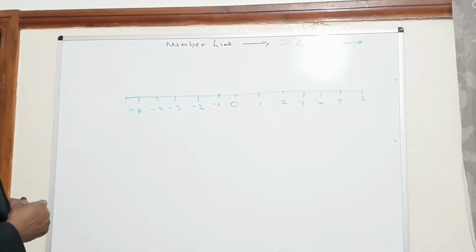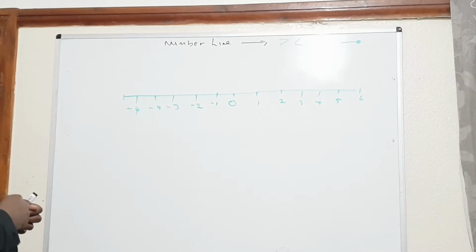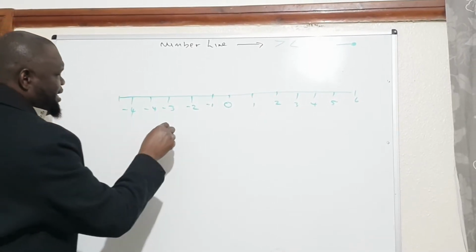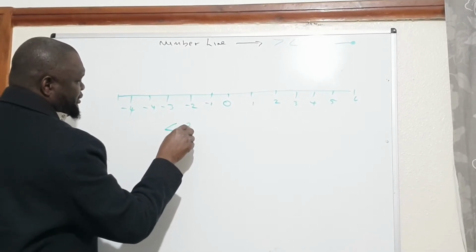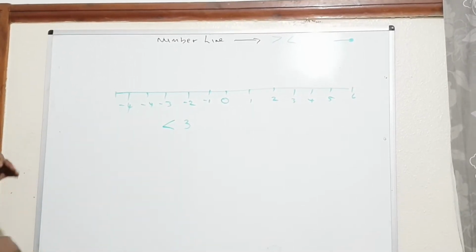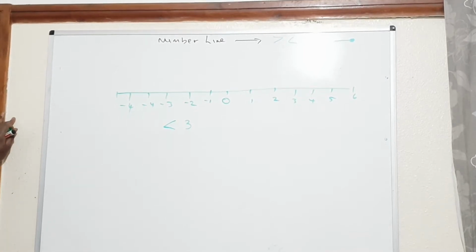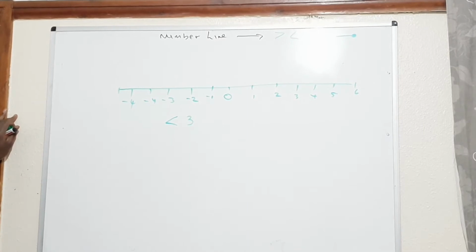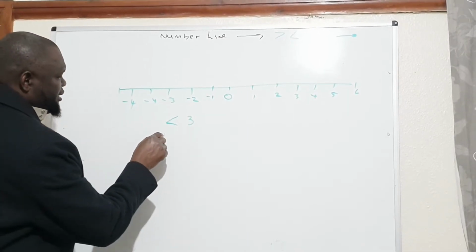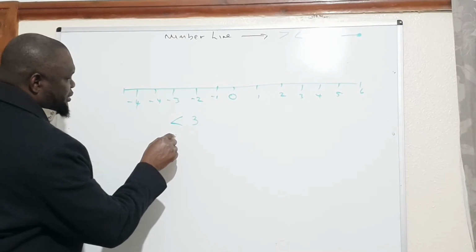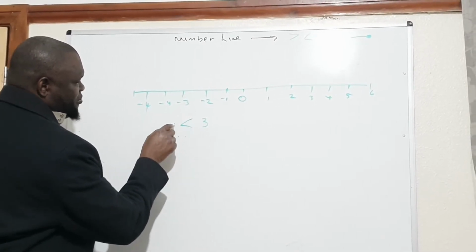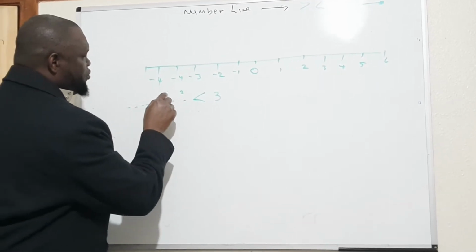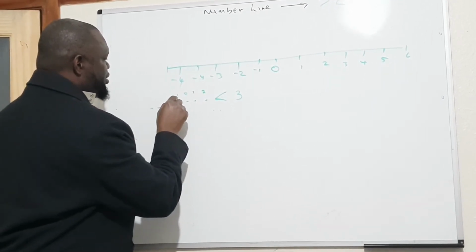Okay? Now, when they tell us, write down numbers less than 3, depending on where the tail points, any number here will be less than 3. 2, 1, 0, minus 1, you go.